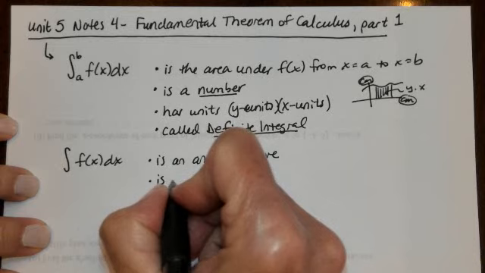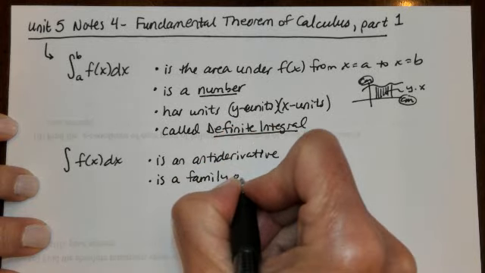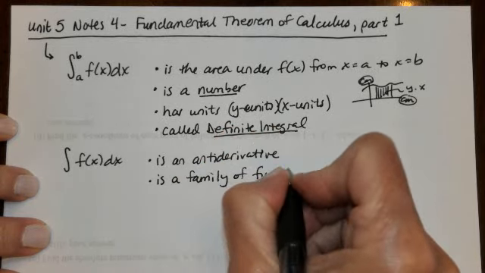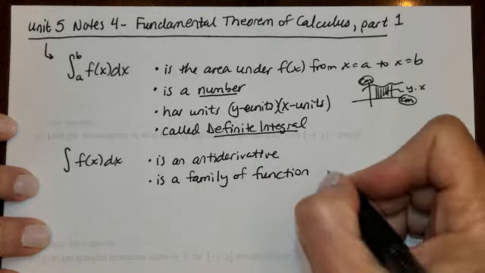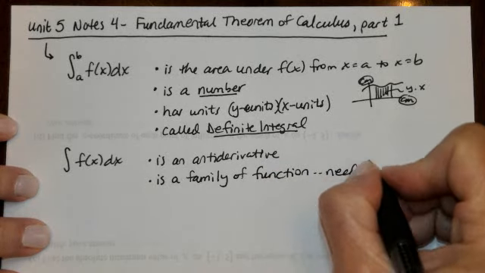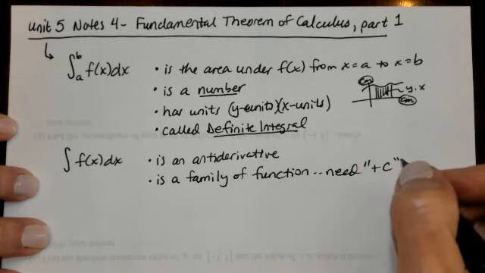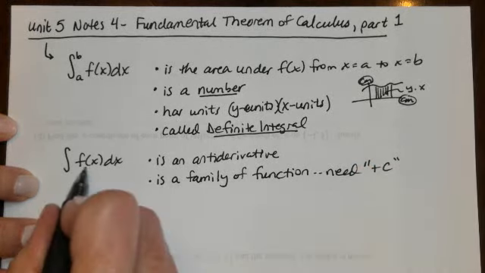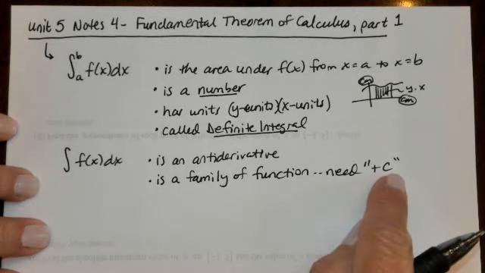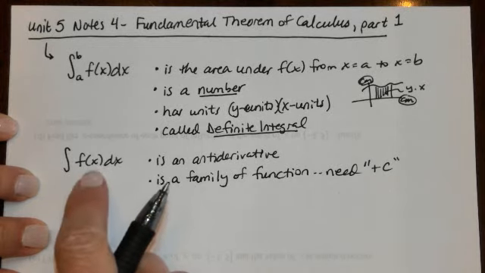In fact, we get a family of functions because we always put plus c at the end, right? So we get a function whose derivative is f of x. And if you put plus c on the end, we get all of the functions whose derivatives are f of x.